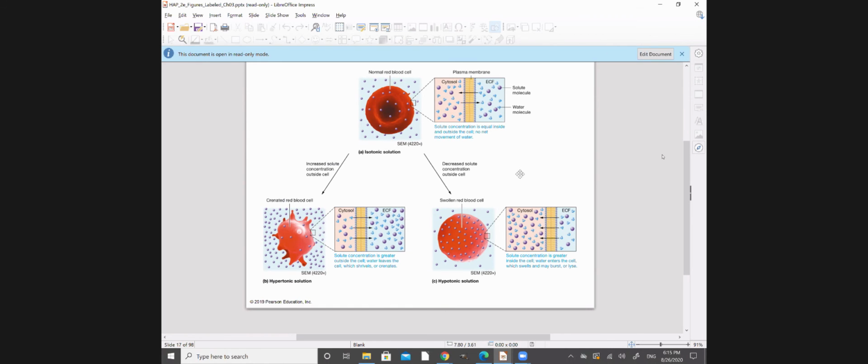Hypotonic will be plain water. A hypertonic solution will have a lot of salt or other solids dissolved in it. What could happen to the cells if the solution is hypertonic?